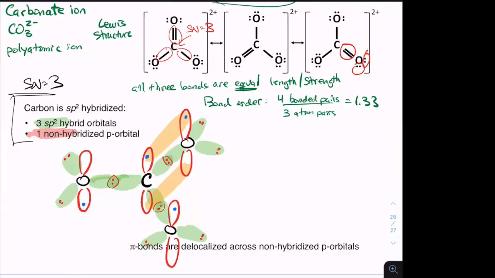That's where this idea of resonance comes in. You don't just have 1 pi bond like this. In fact, you don't have 3 separate pi bonds. Instead, you've got 1 giant delocalized pi bond across the whole thing.